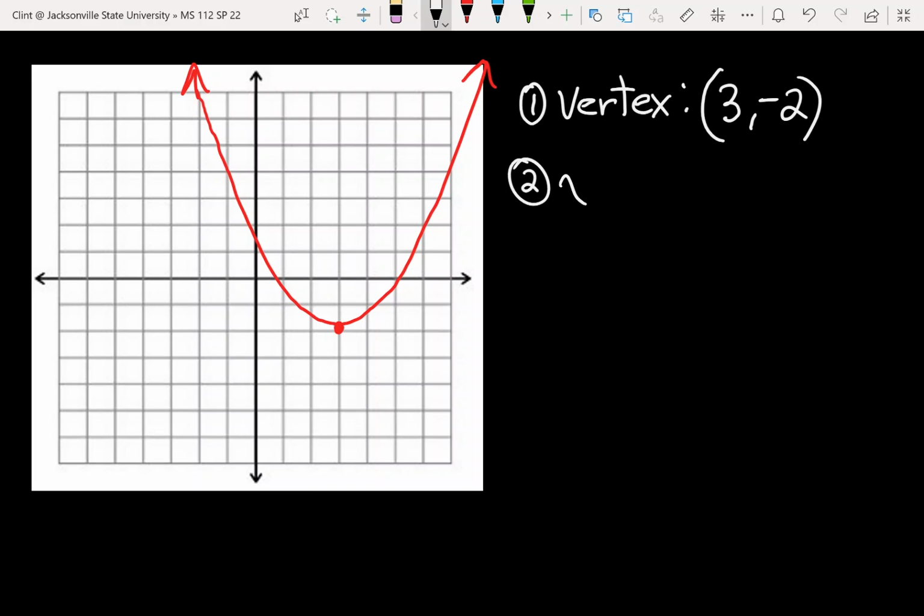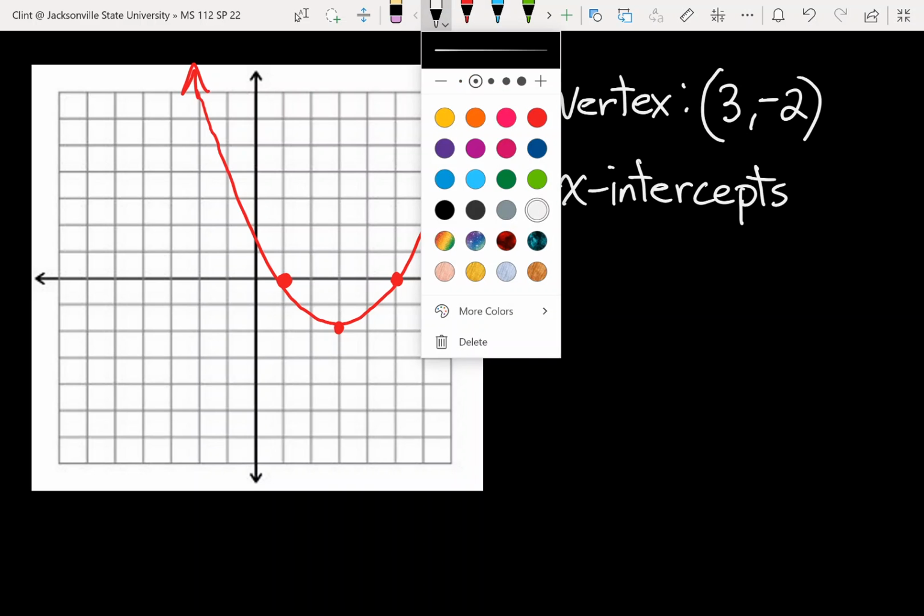What about x-intercepts? I want it to be crossing right there and right there. We want to write these down as points.